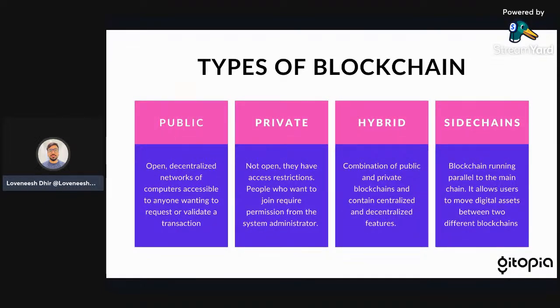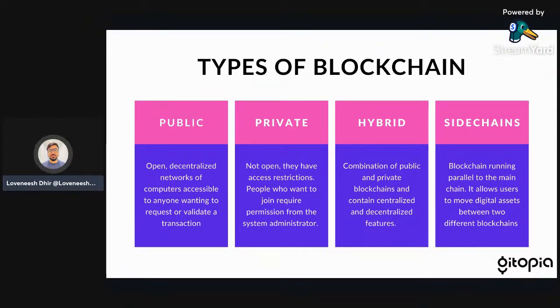Okay, so there are four types of blockchain. The first one is public blockchain. A public blockchain is an open decentralized network of computers accessible to anyone wanting to request or validate a transaction. The second type is private blockchain. These private blockchains are not open, and they have many restrictions.